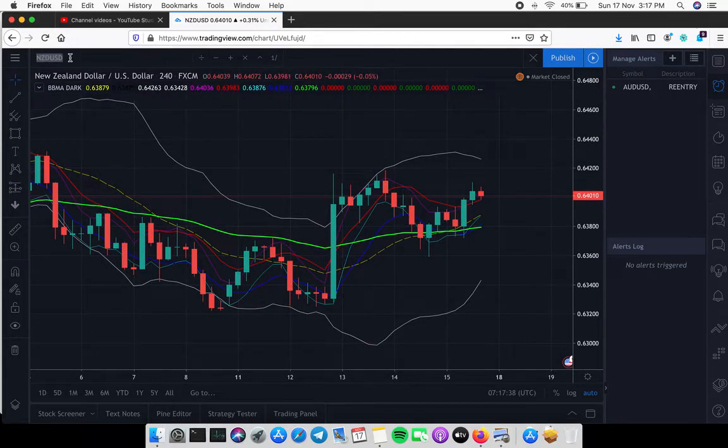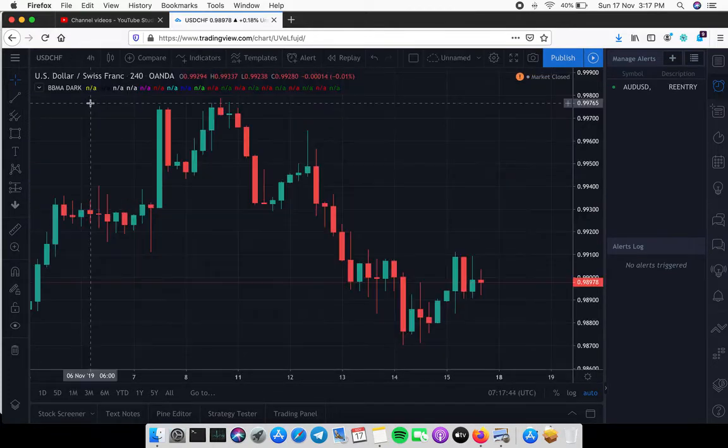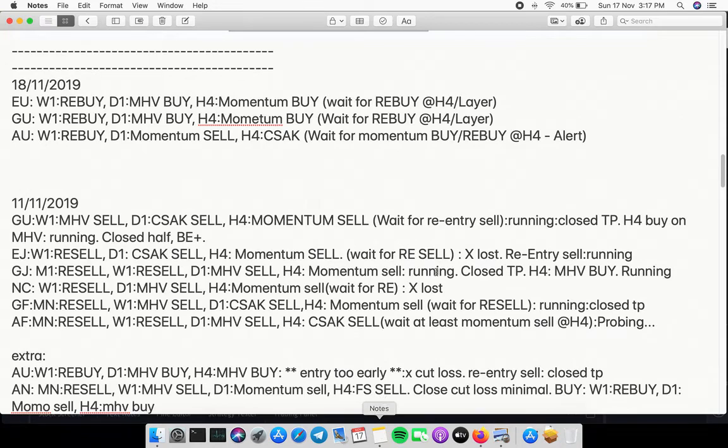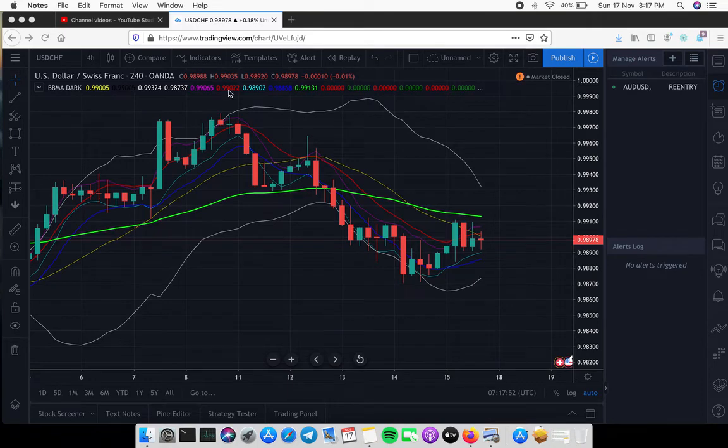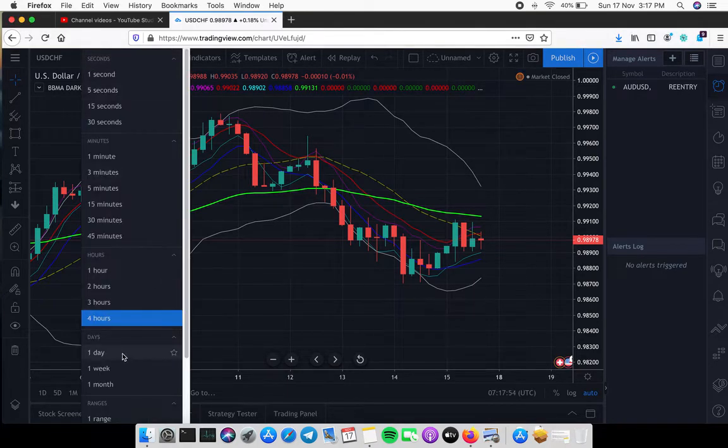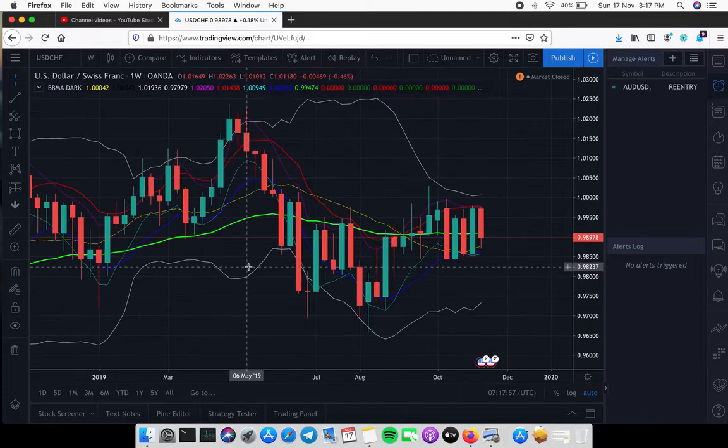Next one will be USD CHF. We don't have NZD USD, so we skip it. Then USD CHF, let's look at the weekly chart. On weekly we can see the extreme buy, TP wajib, MHV, CSAK, re-entry.